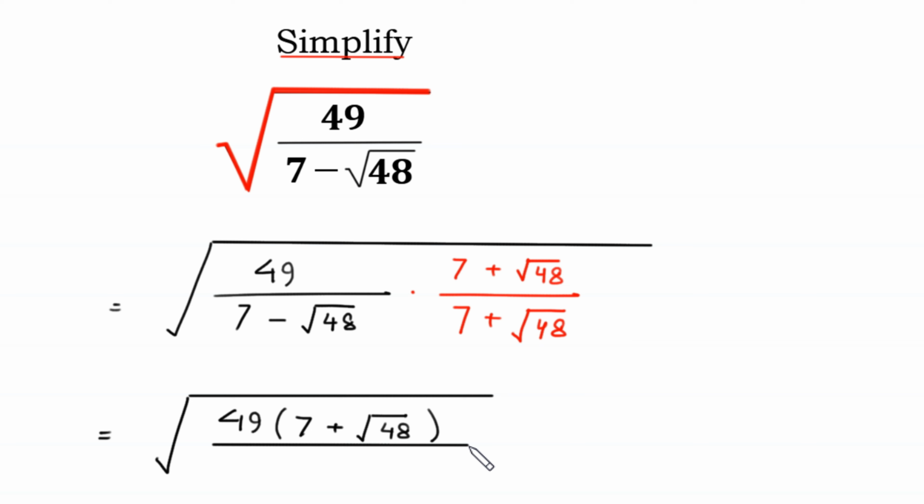divided by, according to this algebraic identity, a minus b times a plus b is equal to a squared minus b squared. This 7 minus square root of 48 times 7 plus square root of 48 becomes 7 squared minus square root of 48 squared.